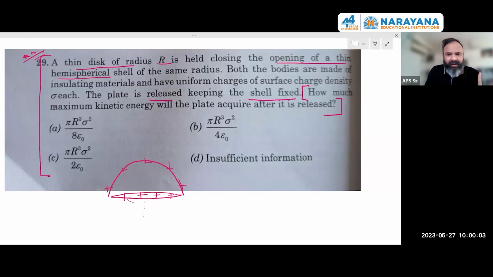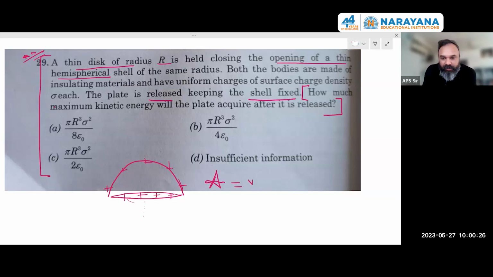So question was direct. What is that energy? So I will write in a line. My answer is whatever is the interaction energy at this stage. And interaction energy at this stage, how to write that? Now something I'm writing, you just think why I'm doing this. I will directly take its charge.